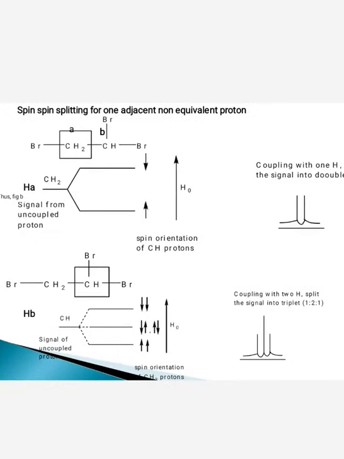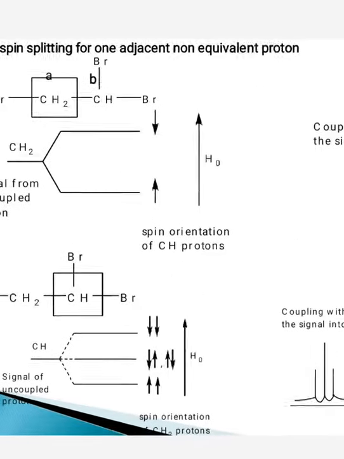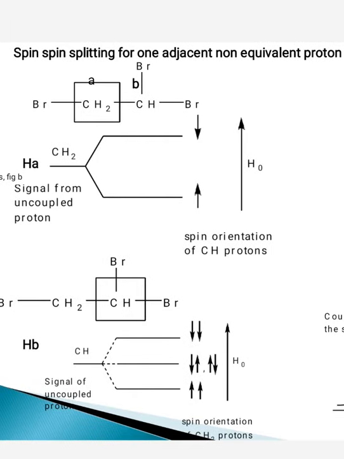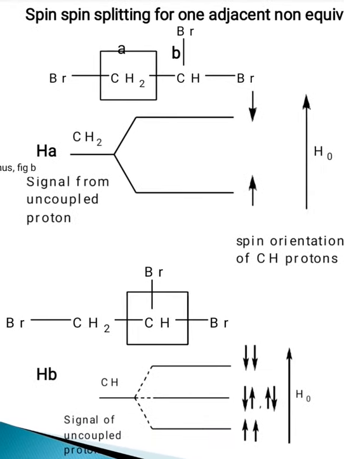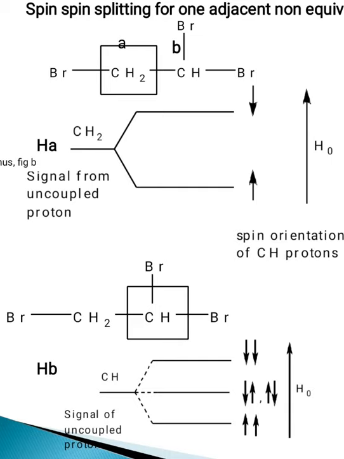In this slide, why we use this n+1 rule and the (Na+1)(Nc+1) rule for the calculation of multiplicity. This is the reason. See here, why we use the n+1 rule and why we get a doublet for the A set of protons and a triplet for the B set of protons. For the A set of protons, CH2, its neighboring carbon atom has only one hydrogen atom, which is non-equivalent.